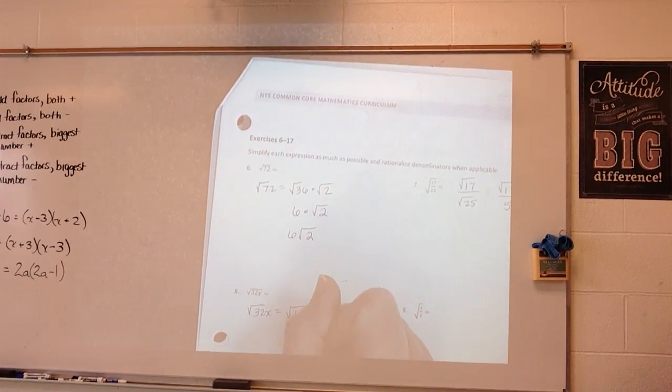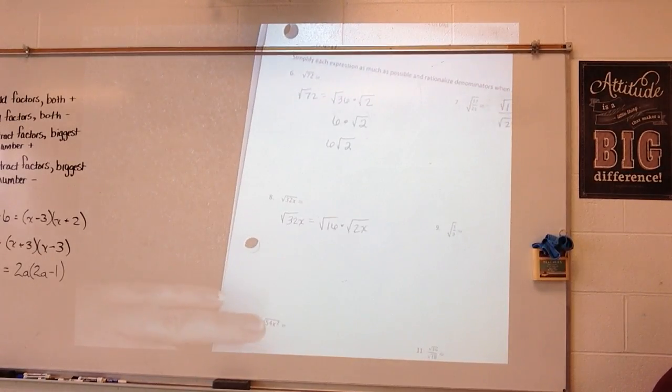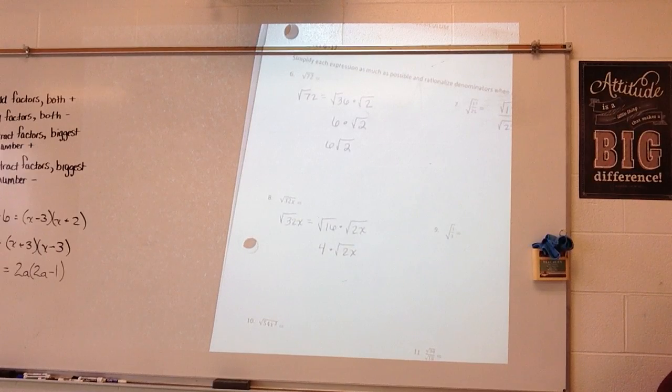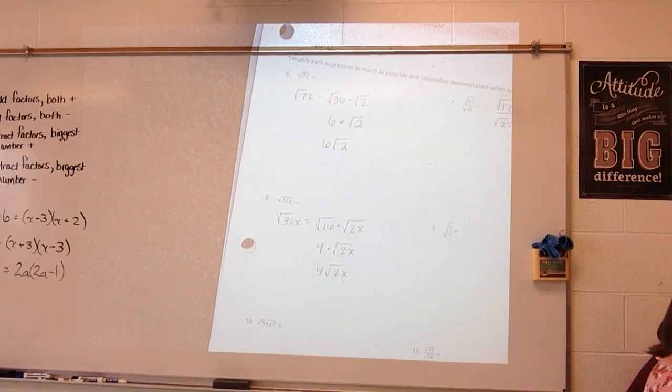So I'm going to make this the square root of 16 times the square root of 2x. Now let's take the square root of 16. So I get 4 times the square root of 2x. I can't do anything with that. So my answer is 4 square root of 2x.